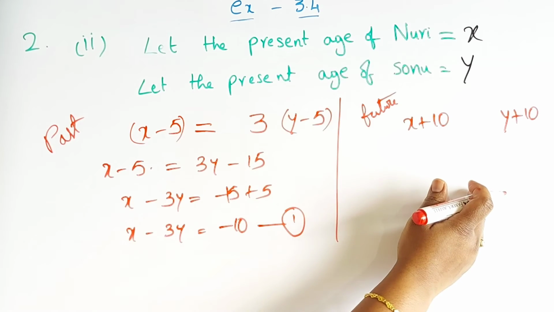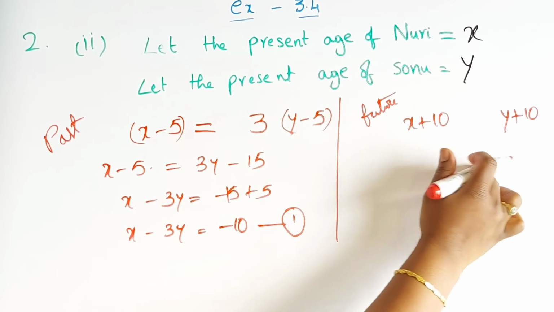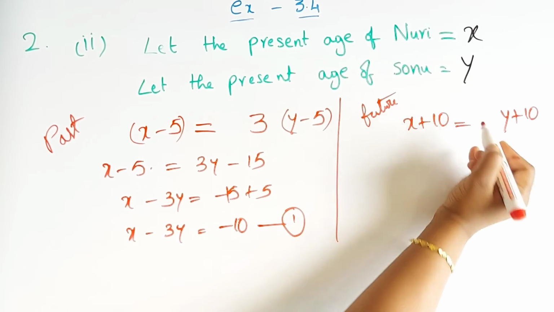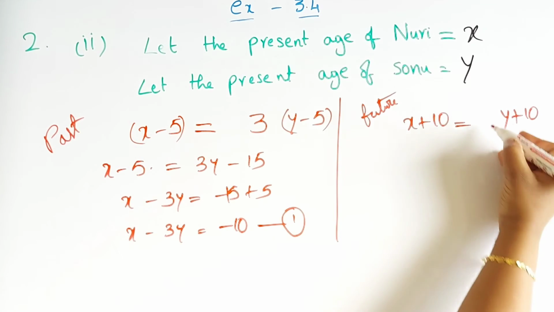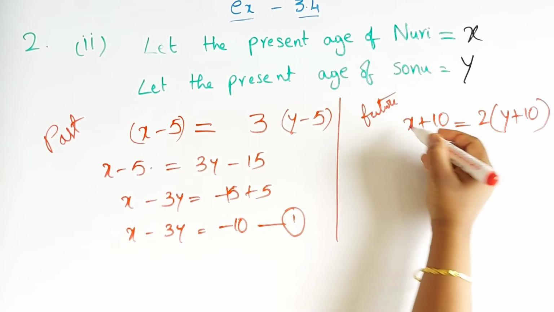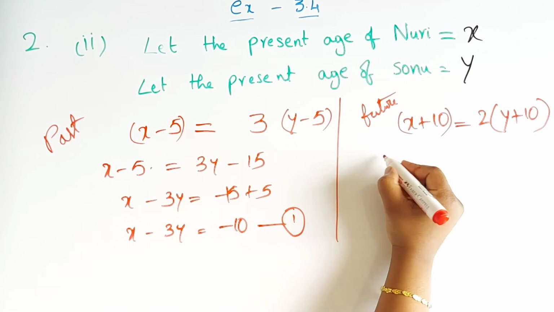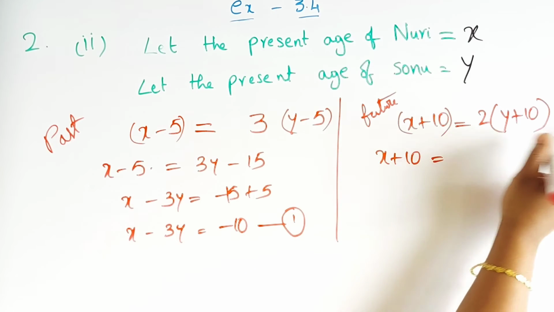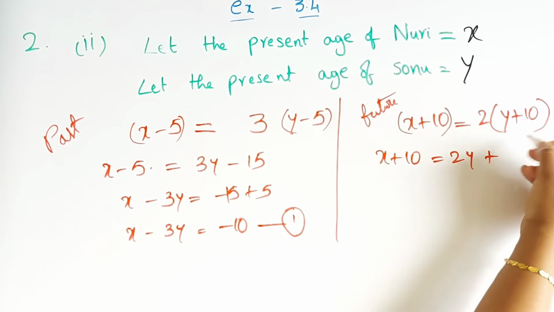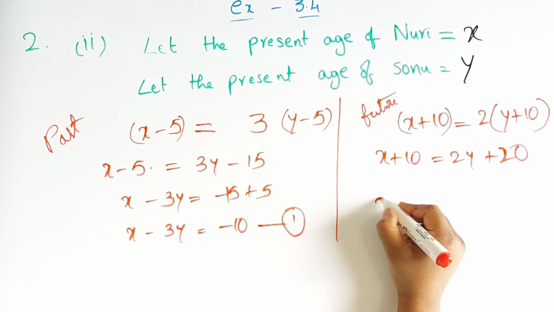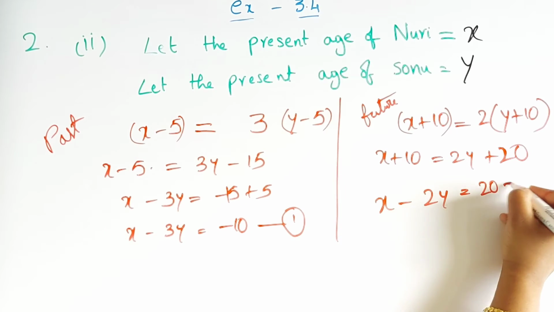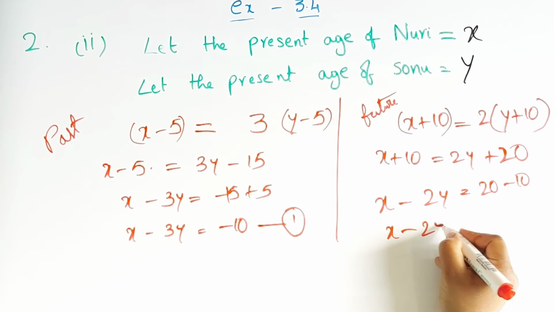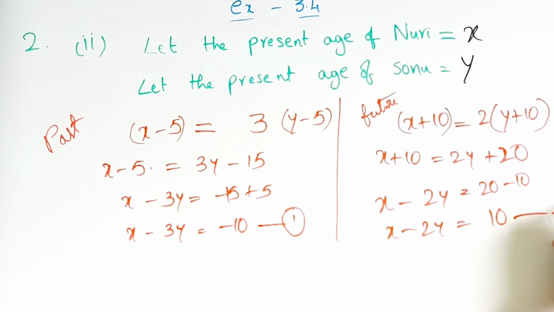Now what are they telling? 10 years later Noori will be twice as old as Sonu, 2 times Sonu's age. Right children? So from here x plus 10 equal to 2y plus 2 tens are 20. Now here x minus 2y equal to, this 10 will go to right hand side, 20 minus 10. x minus 2y equal to 10. This is the second equation children. Right children?